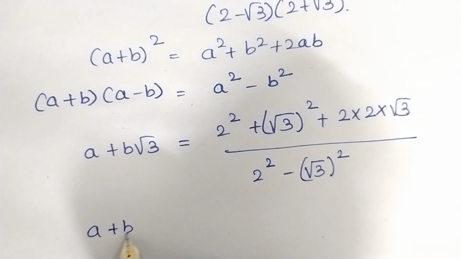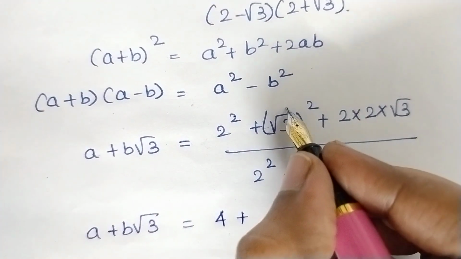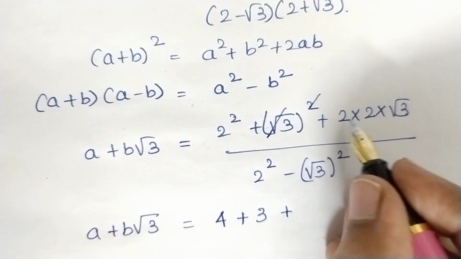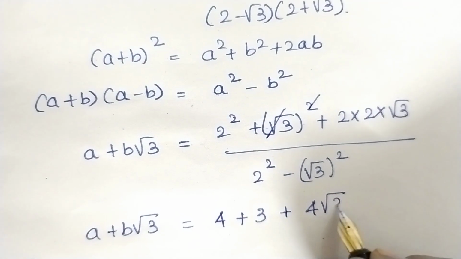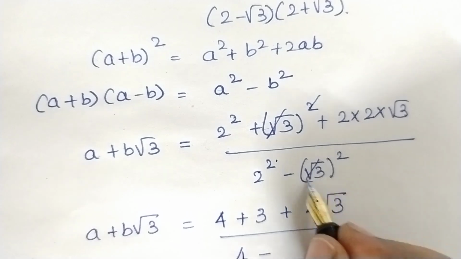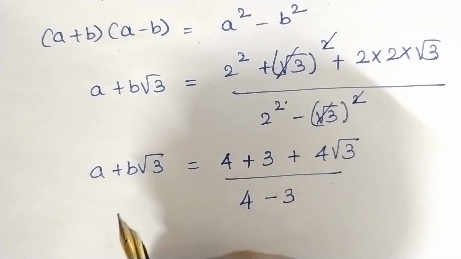Therefore, a plus b root 3 is equal to 2 square is 4 plus the square root and the square get cancelled. Thereby I get 3 plus 2 into 2, 4 root 3, divided by 2 square is 4 minus root and square get cancelled. I get 3 in the denominator. Okay.